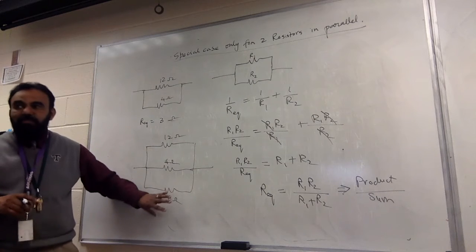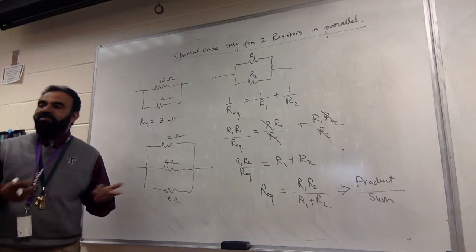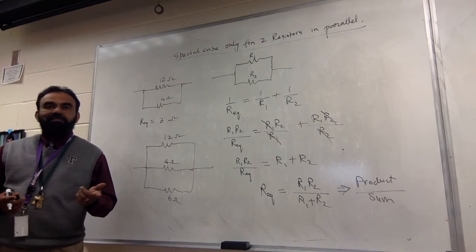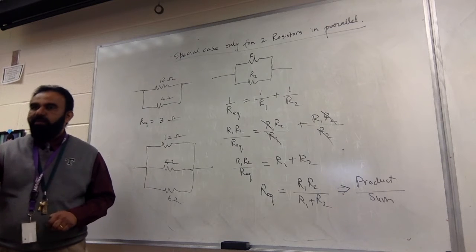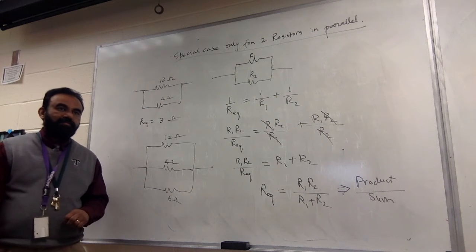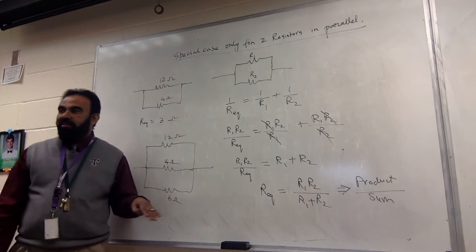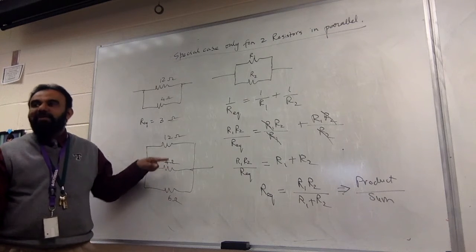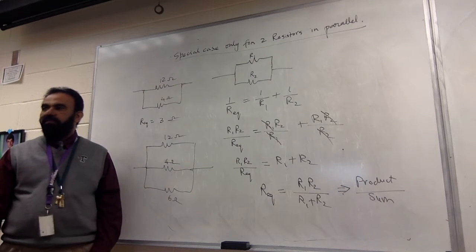Isn't the 3 and the 6 in parallel also? Yeah. So what is 3 times 6 over 3 plus 6? 2. That's the answer. So if you can do it by installments, you can do that. You understand what I'm saying? So if you have 3, you can do these two first and then combine that with the next one with the same rule. It's easier to finish.